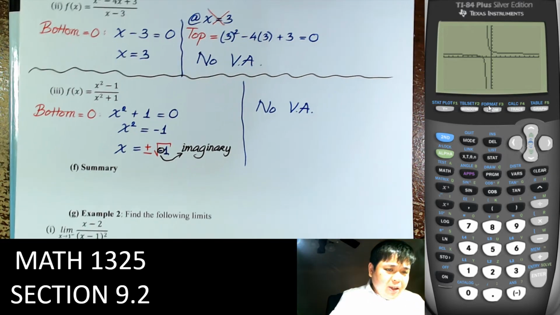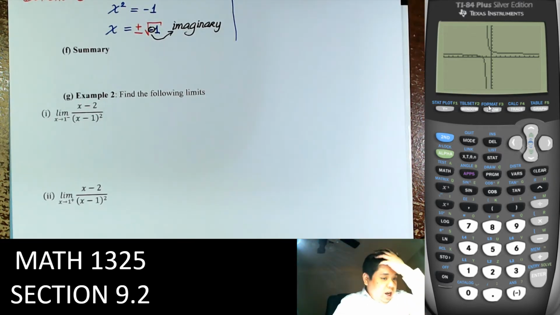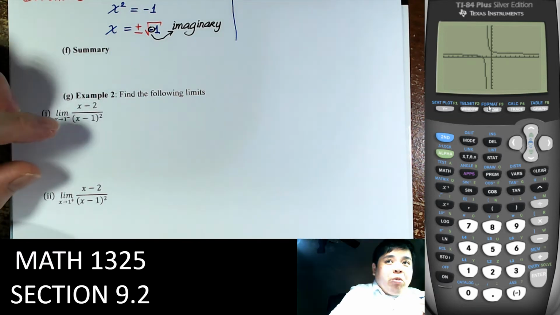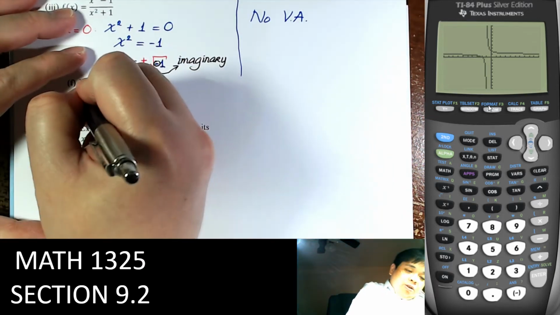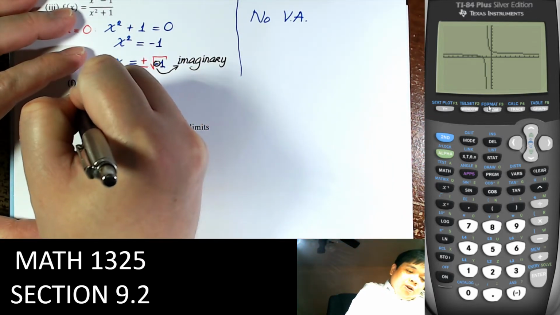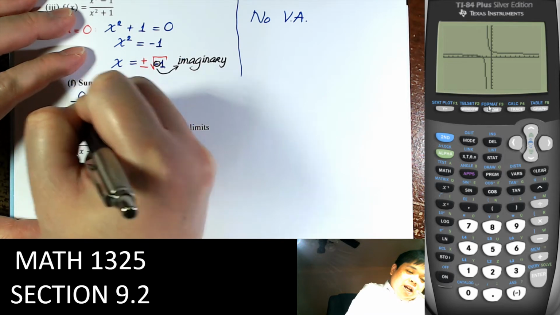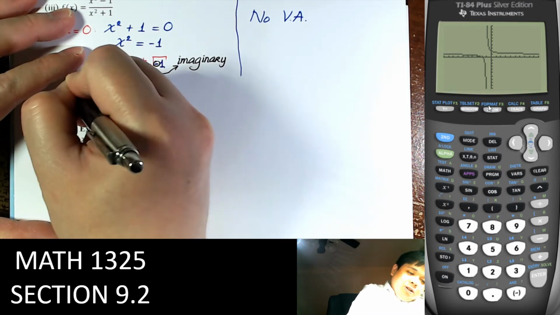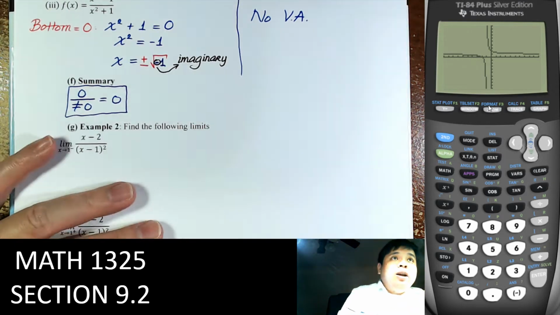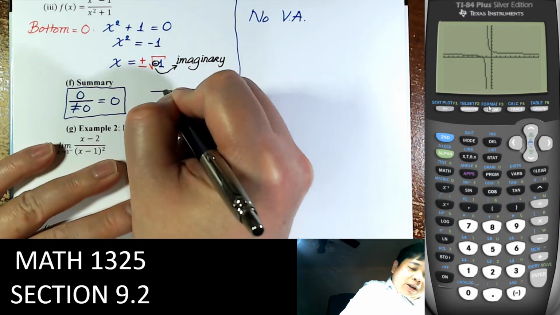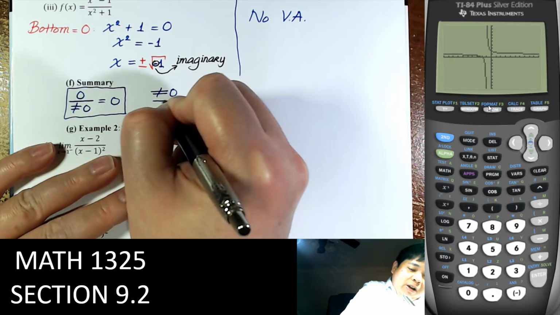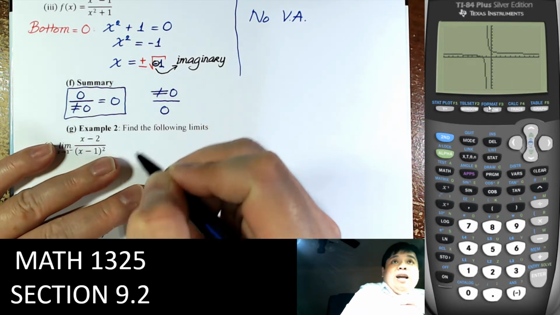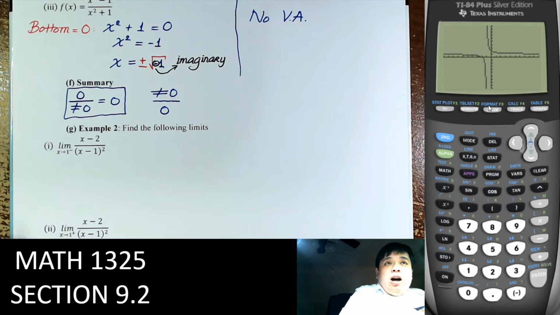Right. Now, in terms of limits, what do we have? Remember, I think I wrote that in the previous section, that if we have 0 over something other than 0, it is equal to 0. If we have something other than 0 divided by 0, then that is undefined, and undefined includes infinity or negative infinity.